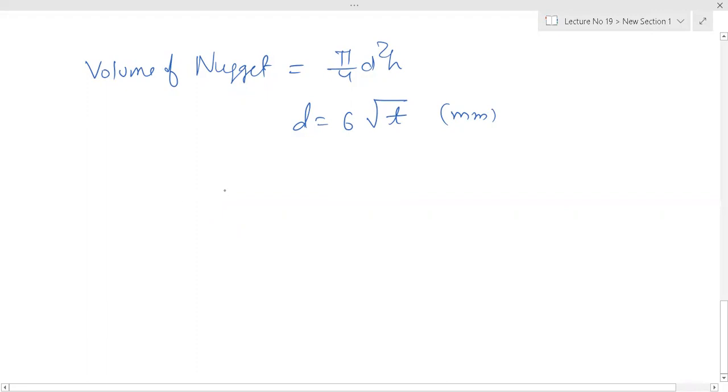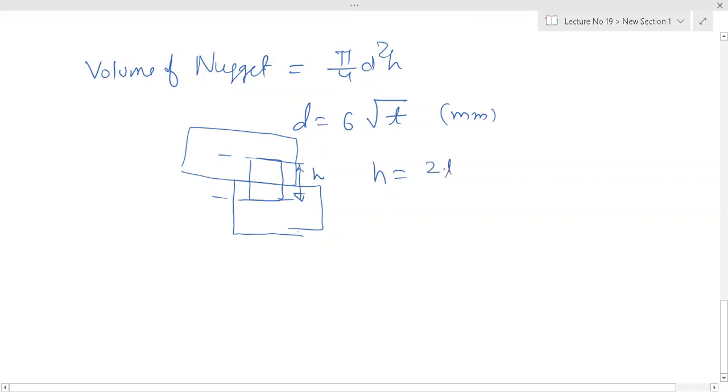Let us understand some more details right now. This nugget is formed here, and this is your nugget height. For accuracy, you can take 2 times the thickness and 2 times the indentation, if indentation is mentioned.